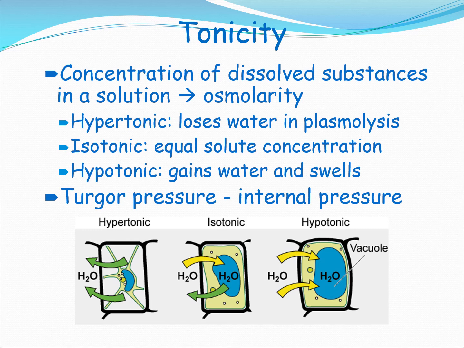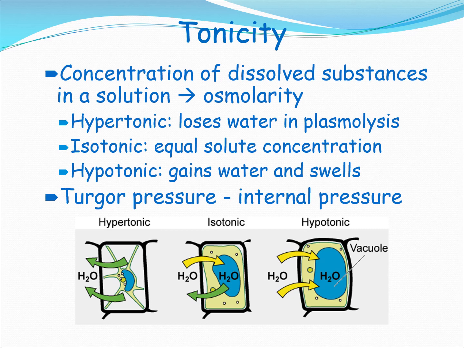With hypotonic solutions, the area outside of the cell has a lower concentration of solutes, like salt, and therefore the inside of the cell has the higher concentration of solutes. In this case, the excess solute inside the cell will pull water from the extracellular space.